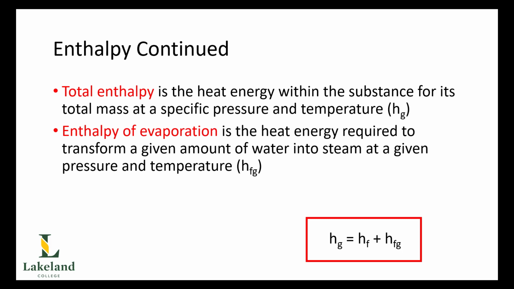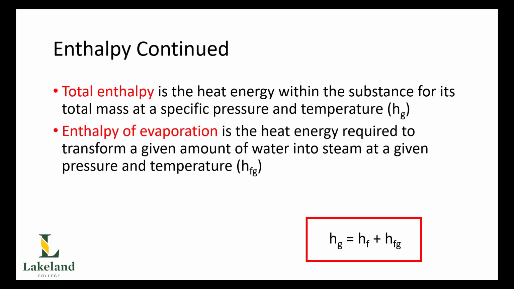Now, total enthalpy I've mentioned before. Total enthalpy is simply Hg in the basic version that we're talking about at the moment. And this is going to be the sum of all enthalpy in this fluid to gas. That's the hf, the enthalpy in our fluid, and the hfg, the latent heat of evaporation enthalpy.